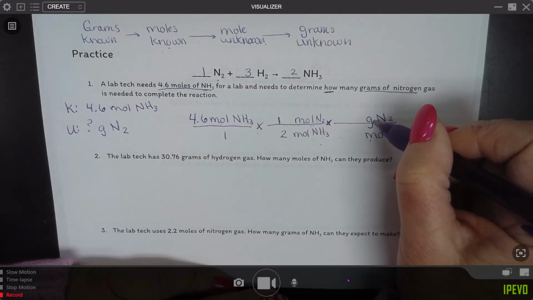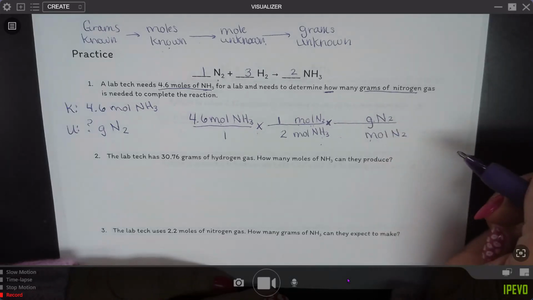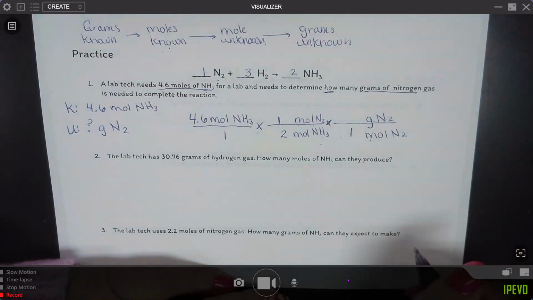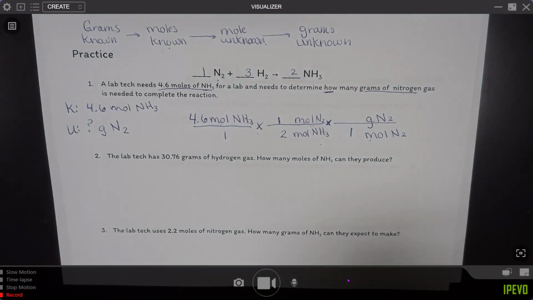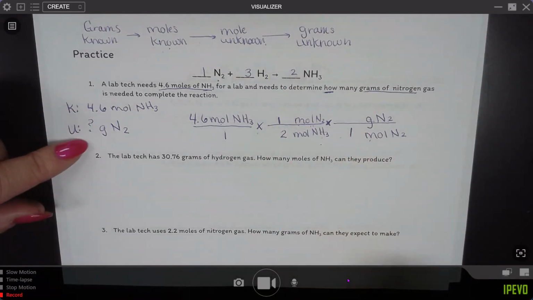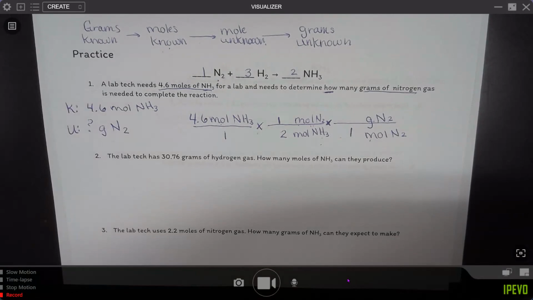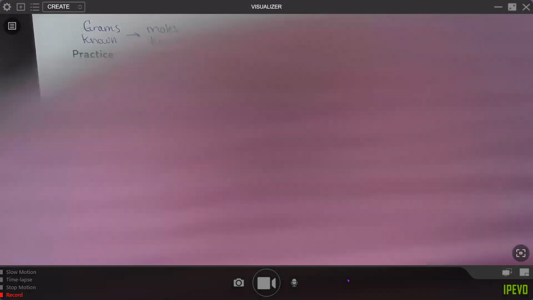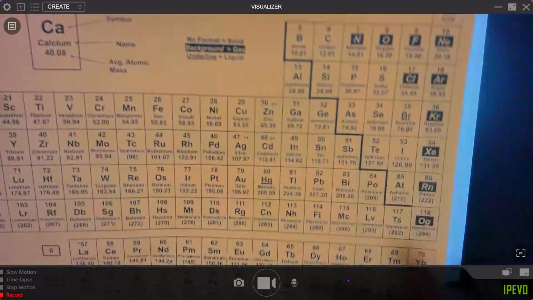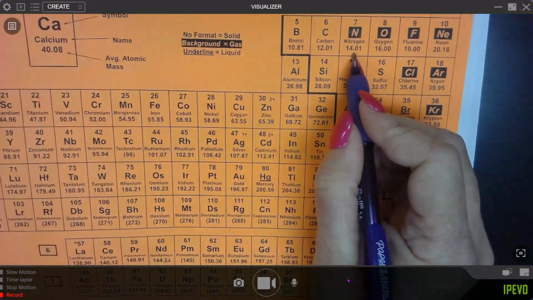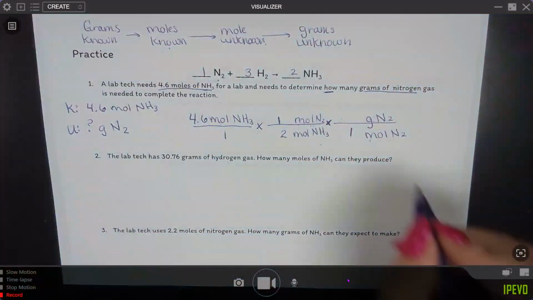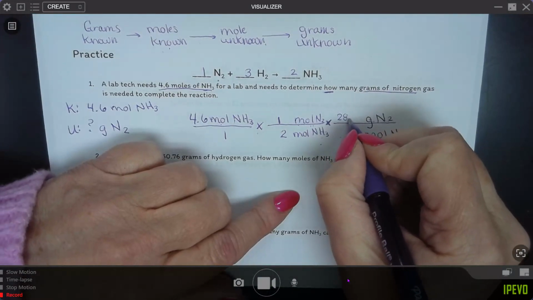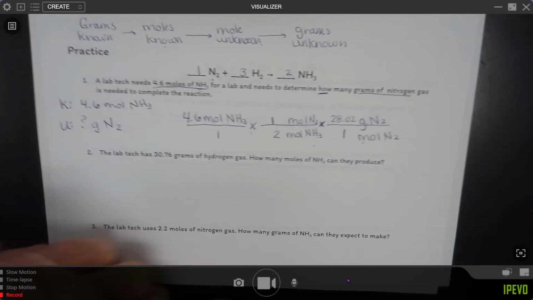Okay, so the moles are the grams of nitrogen over moles of nitrogen. When we're looking at this, moles is always going to be 1. All right, and then for nitrogen, we're going to look at our periodic table, and we're going to find nitrogen. The molar mass of nitrogen is 14.01, all right? But I have 2 of them, so that's going to be 28.02 grams of nitrogen, okay?